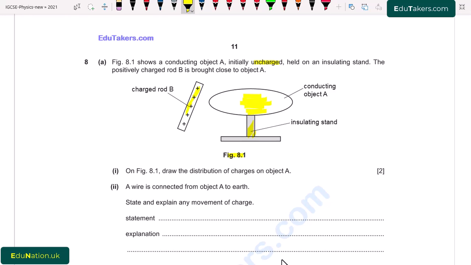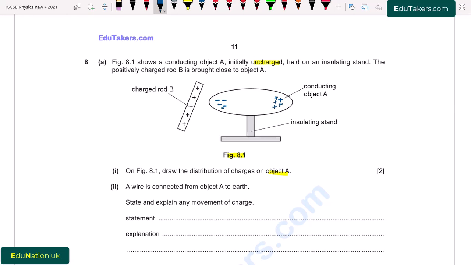Part 1. On figure 8.1 draw the distribution of charges on the object. In this figure we can see that when the positively charged rod is brought near the conducting object, something will happen. As you can see, there are 1, 2, 3, 4, 5, a total of 5 charges on the rod B. Then an equal amount of negative charges will appear on this side and an equal number of positive charges will appear on the opposite side.